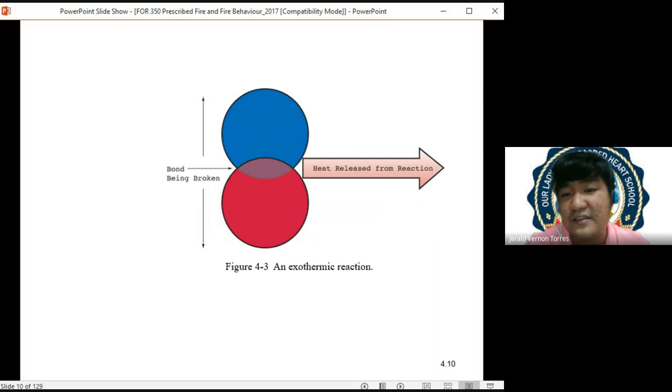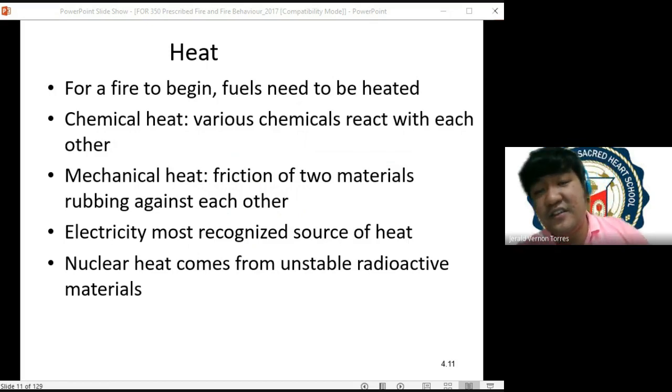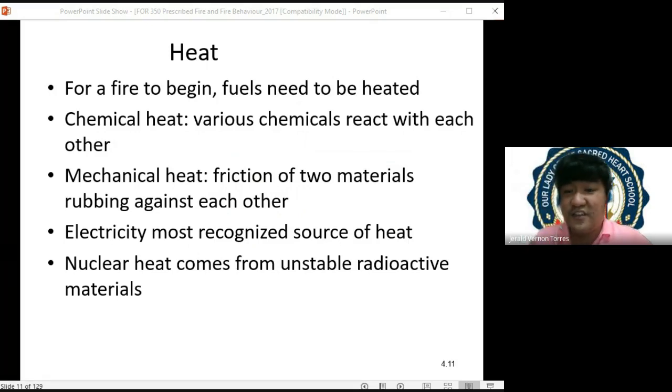So let us examine the heat. For fire to occur, the fuel needs to be ignited. And how would you ignite the fuel? You need heat energy. There must be some kind of heat energy so that the temperature increases. Remember that heat energy is the energy that causes a change in temperature. The temperature of your system will only change once there is heat energy.